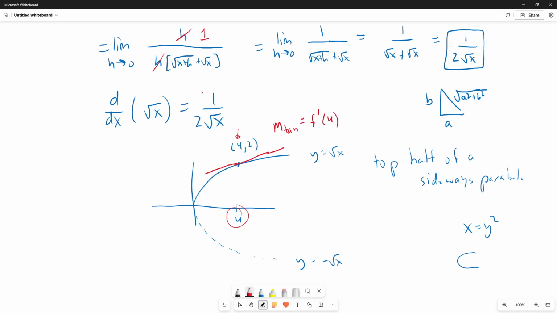And the derivative formula is here, so f prime of 4 is 1 over 2 times the square root of 4, and that's 1 over 2 times 2, so that's 1/4. So this line has a slope of 1/4. Clearly it's a positive slope. Just from the picture, it's going uphill from left to right, so positive makes sense, and it's not very steep, so 1/4 makes sense from that perspective as well.